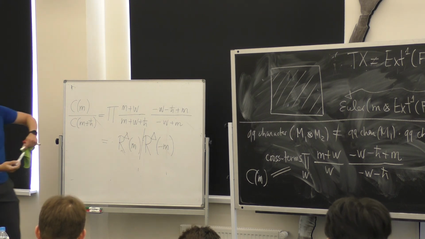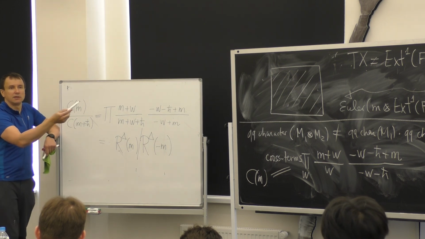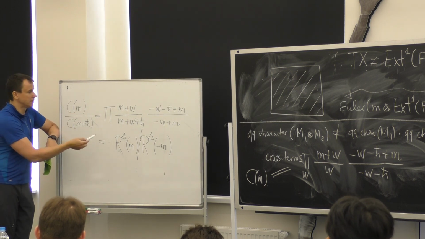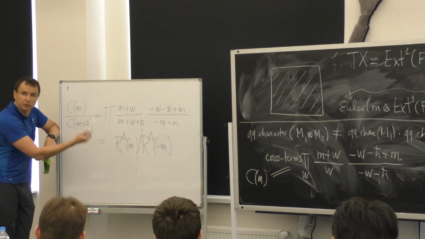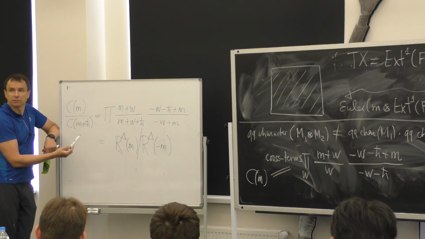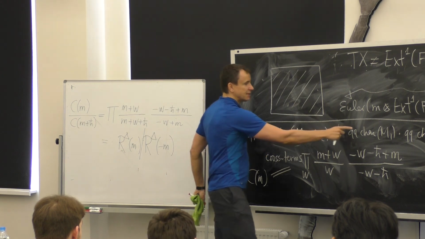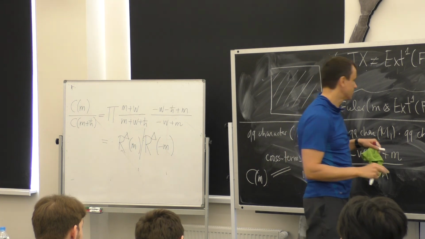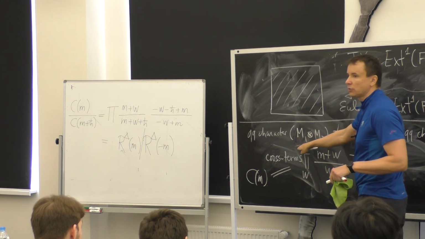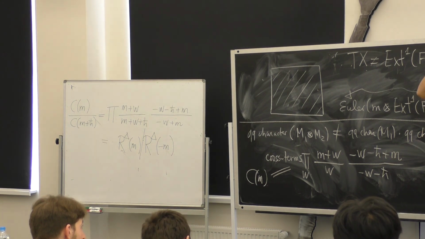So in other words, your Q character is not a homomorphism, but it remembers exactly this Drinfeld, I mean, the kind of stuff you need to put in to make it a homomorphism. You can say that this Q character of the tensor product is not just the product. You have two functions, and you do not just multiply them, you apply some operator to them.